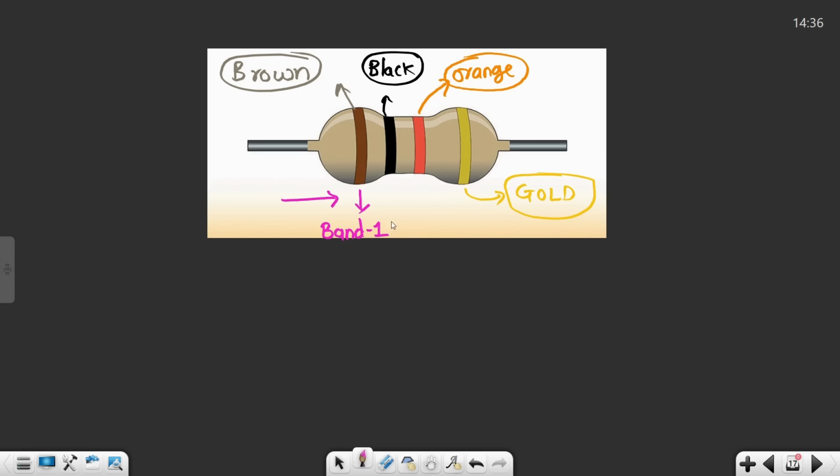But if I'm starting from this other position, this becomes my band 4, and the gold one will be my band 1 for sure. If I start counting from here, then this gold will become band 4 for me.